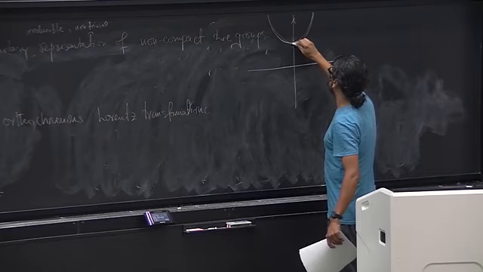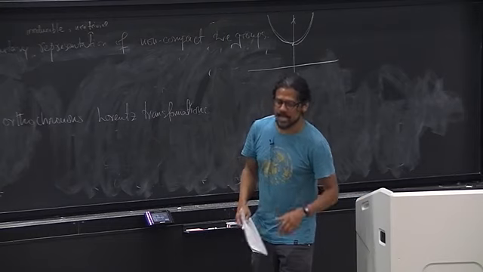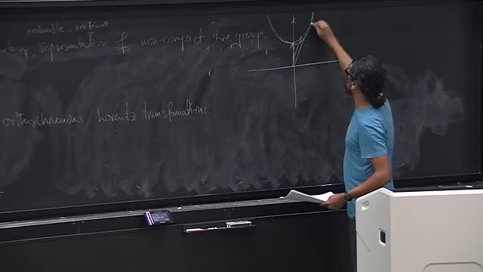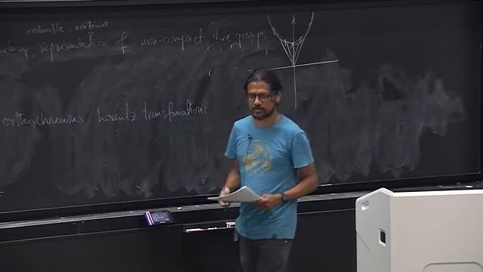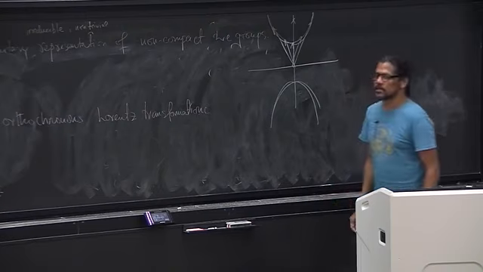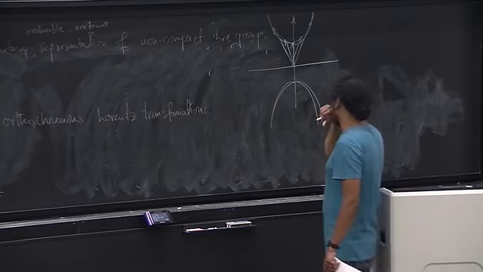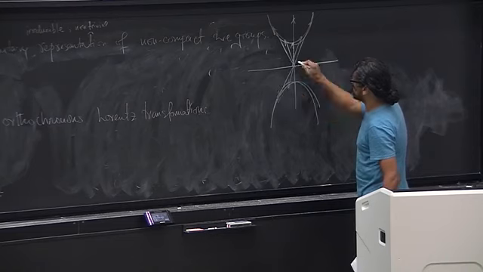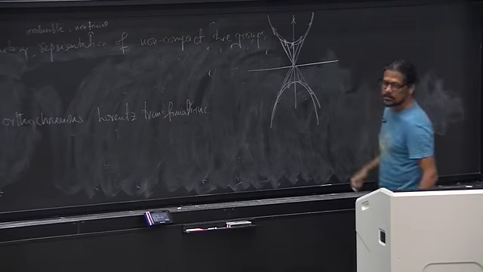What it does is take future pointing time-like vectors to other future pointing time-like vectors, and it does the same thing for backward pointing time-like vectors to other time-like vectors, but it cannot switch this guy to that guy.